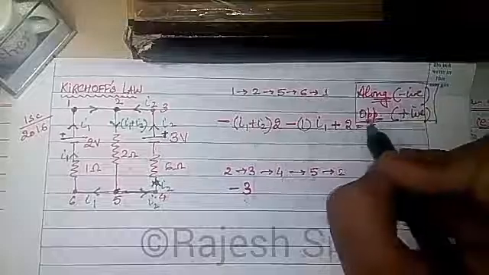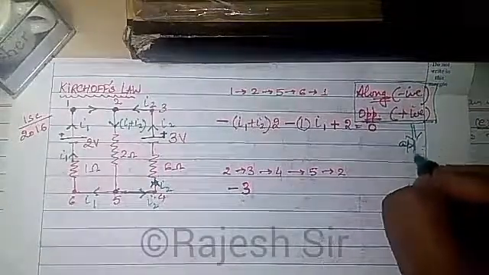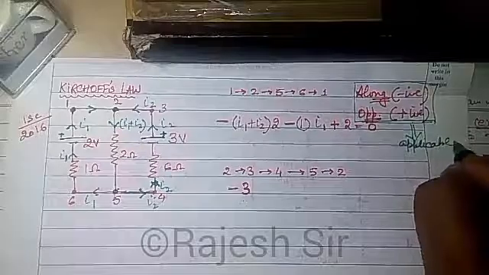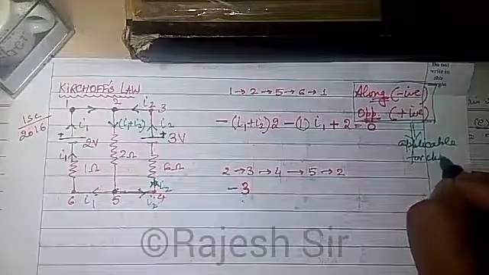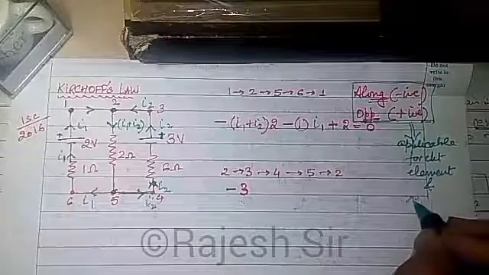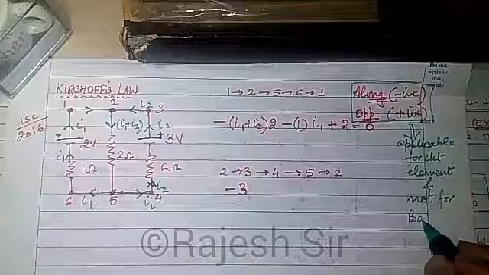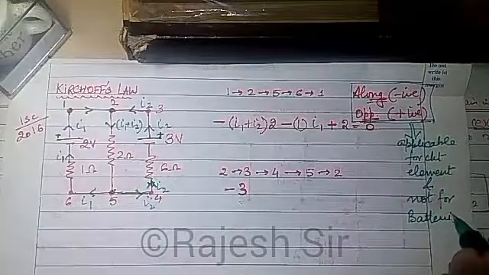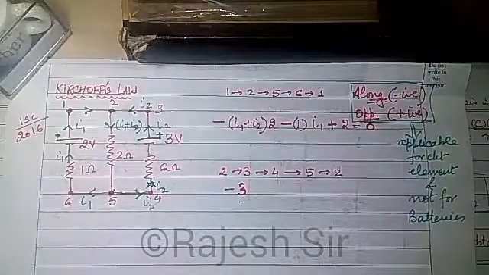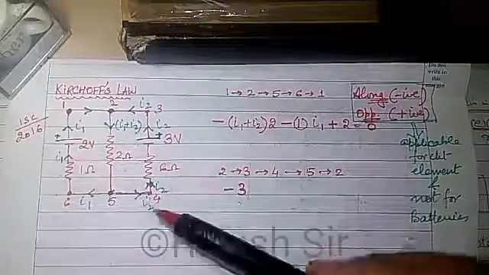So remember, this sign convention will be applicable only for circuit elements and not for batteries. Batteries are always mentioned independent of the current flow. Now let's move further ahead.